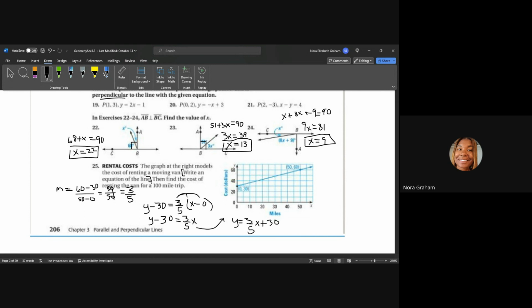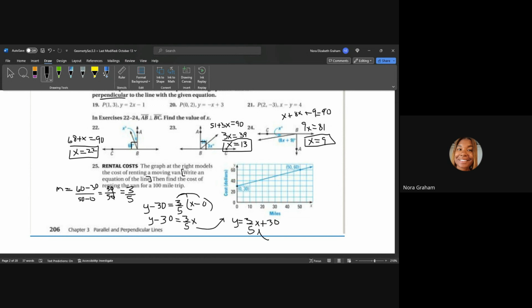So this is a two-step problem because they didn't only ask us to write the equation of the line, they also told us to find the cost of renting the van for a 100-mile trip. Notice these are my y's. My y's are going to be my dollars or cost. My x's on the x-axis are going to be my miles. So if they give me my miles, they're talking about my x.